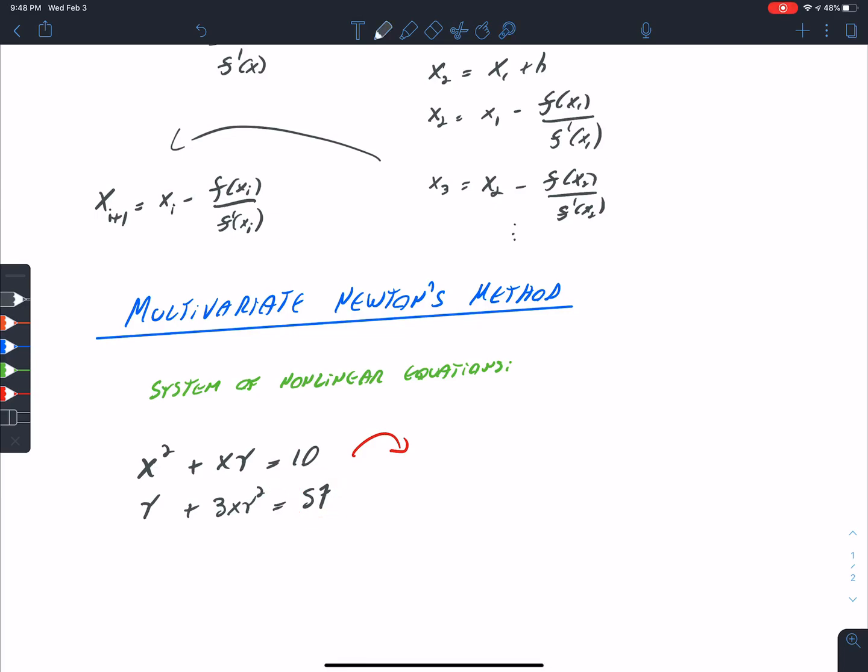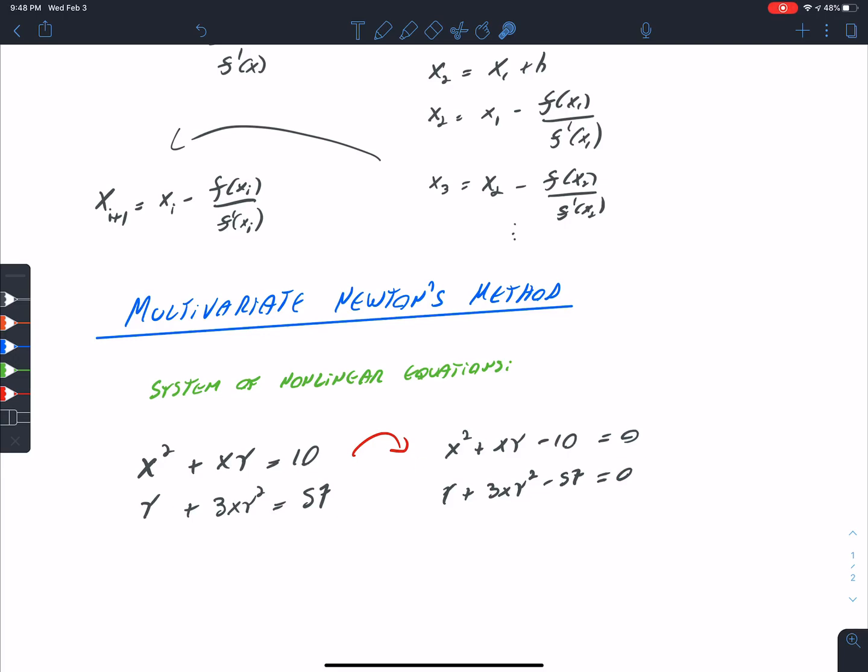So we rewrite the system as x squared plus xy minus 10 equals 0, and y plus 3xy squared minus 57 equals 0. So now it's like we're back to the same problem. We would like to find the values of x and y so that I plug into both of these equations and I end up with 0. So it's like finding the multivariate roots of an equation.